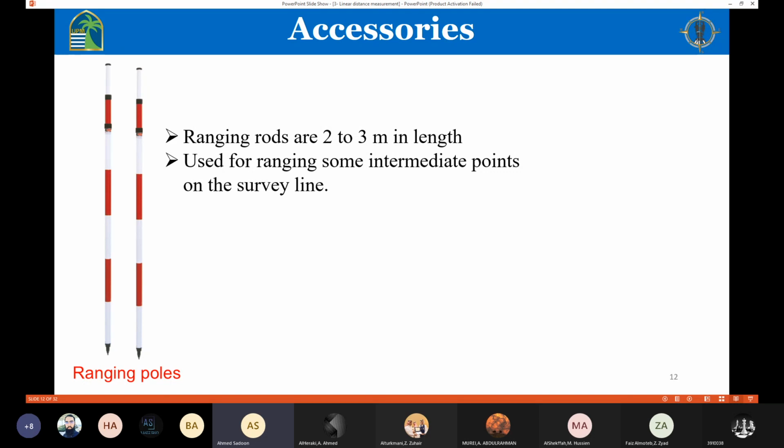So in this case, you need to create intermediate points. I'm going to explain this more in the next slides. But at this point, you need to understand that we use the ranging poles to create intermediate points to connect the first point with the last point, because the distance is more than the length of the tape.